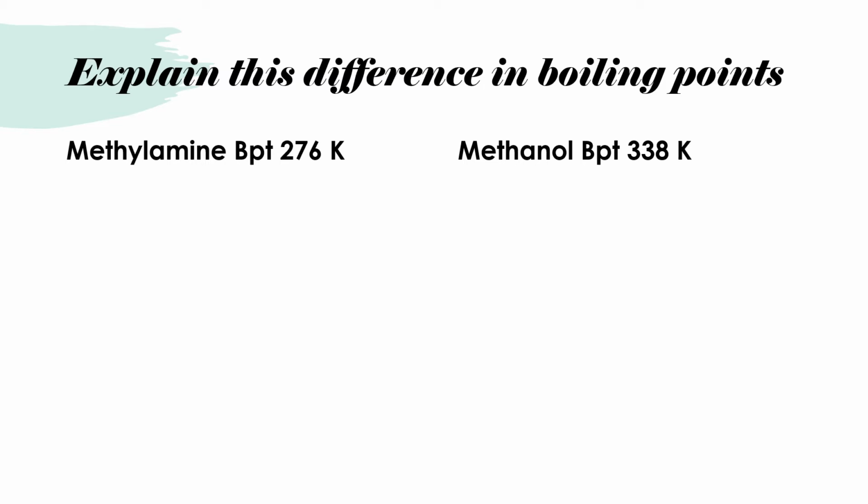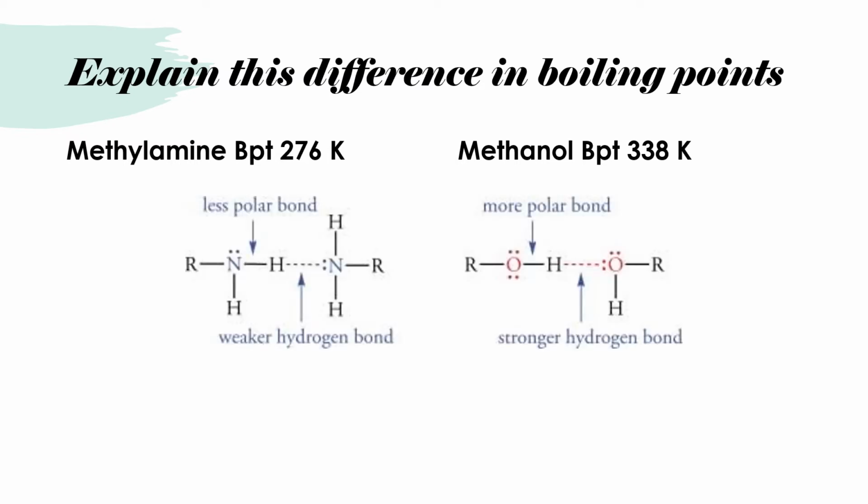So we can see the boiling point of methanol is higher than methylamine. So let's look at our main structures. Now this is a general picture for structures, but what you can see here is there's a hydrogen bond between this amino group of the amine, and then we have our polar bond between nitrogen and hydrogen.